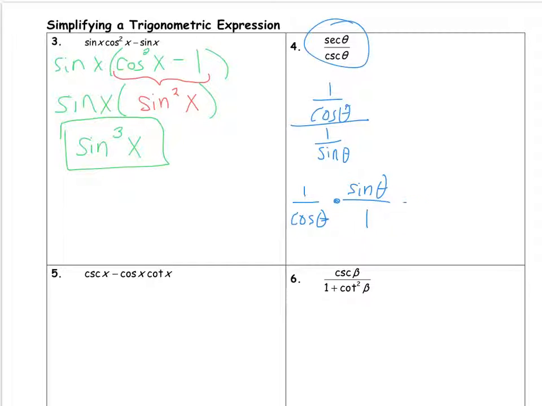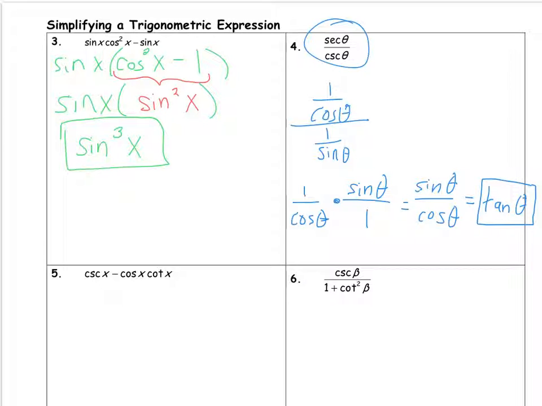Okay, well, I can multiply straight across the top, multiply straight across the bottom, right? So that gives me sine theta divided by cosine theta. Here we go again, ladies and gentlemen. That is one of our identities, tangent of theta. Boom. Simplified. Pretty cool, huh?